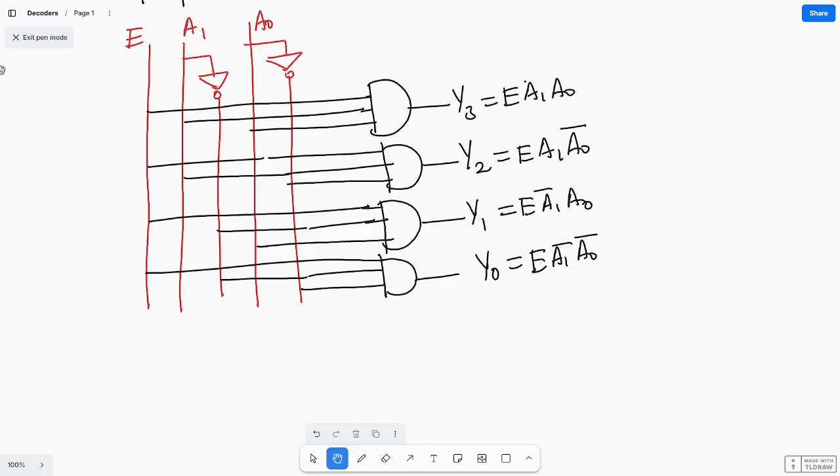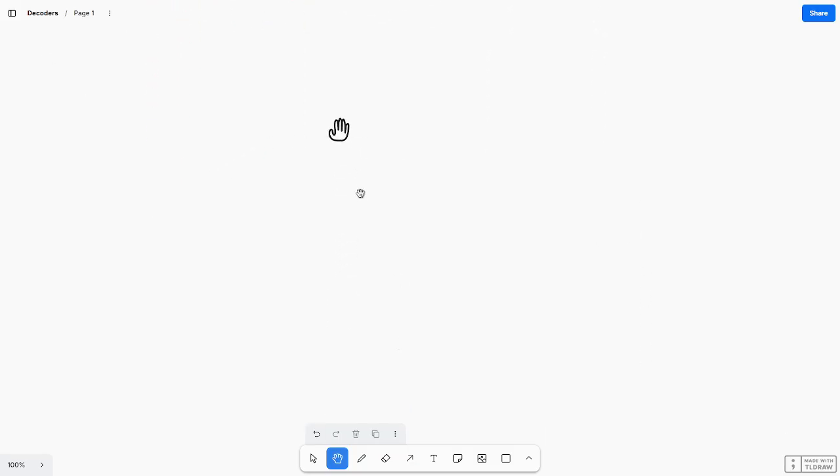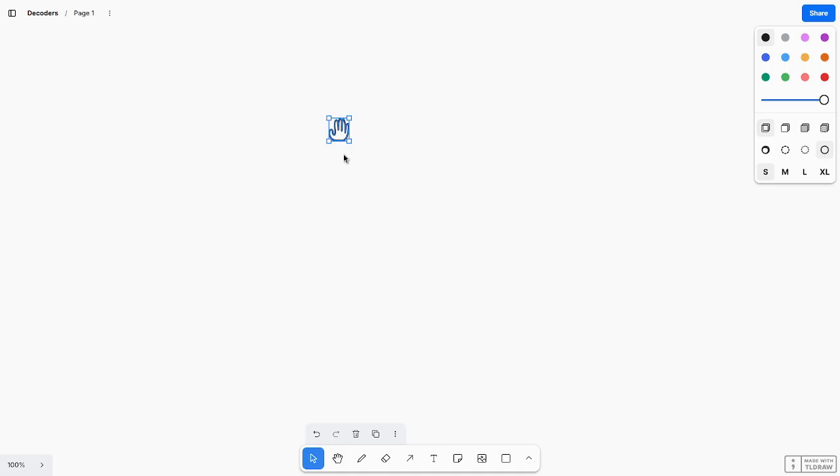So next we'll see the enable high and active low output decoder.